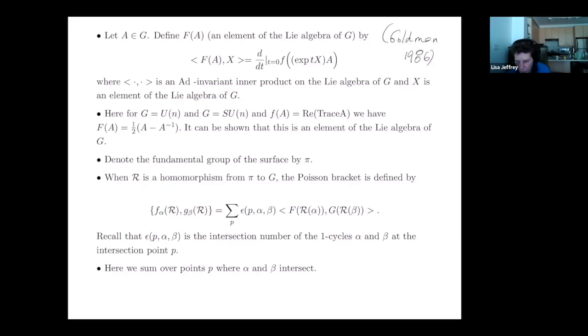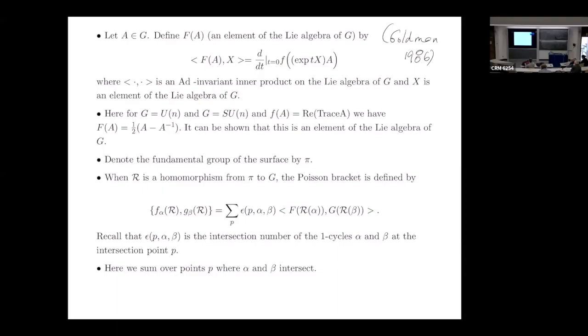So, associated to another function, little f, on the Lie group. Goldman used basically the trace or the real part of the trace. Basically, you start with some function defined on the group, and you associate an element of the Lie algebra.